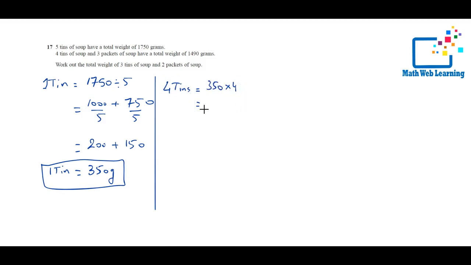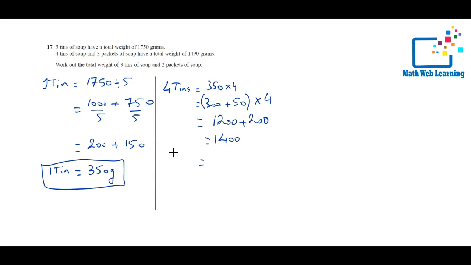Again, if you don't want to do long multiplication, partition it: 300 plus 50, and you multiply by 4. 300 times 4 is 1,200, plus 50 times 4 is 200. So altogether is 1,400. Okay, so that is the 4 tins.